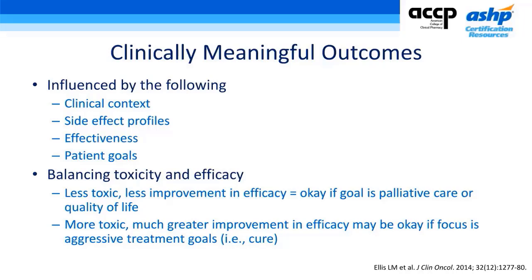So perhaps if a treatment is less toxic and there's less improvement in efficacy, maybe that's okay if the goal is palliative care or quality of life. But if the agent is more toxic but has greater improvement in efficacy, that might be okay if the focus is aggressive treatment and the goal of treatment is cure.